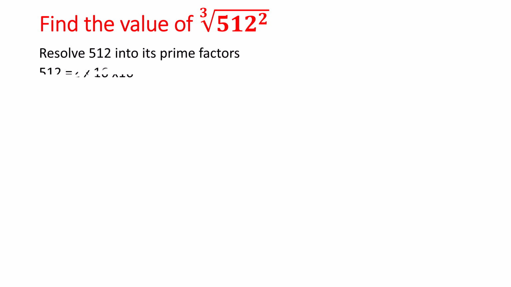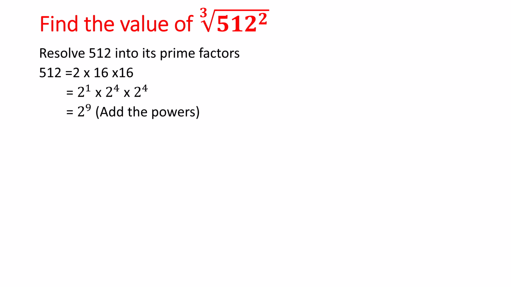In this case, we are going to resolve 512 into its prime factors, and those are 2 by 16 by 16, but 16 is 2 raised to power 4, therefore this is the same as 2 power 1 multiplied by 2 raised to power 4 multiplied by 2 raised to power 4.